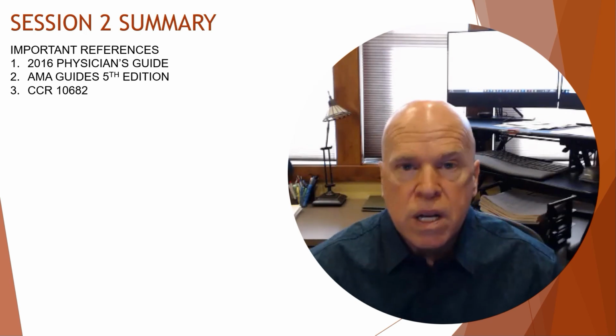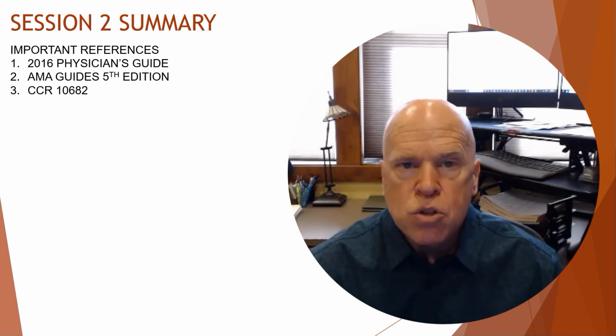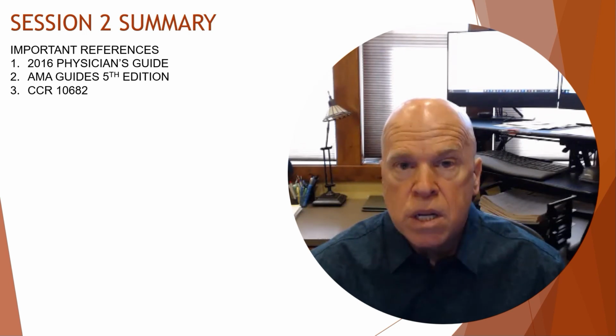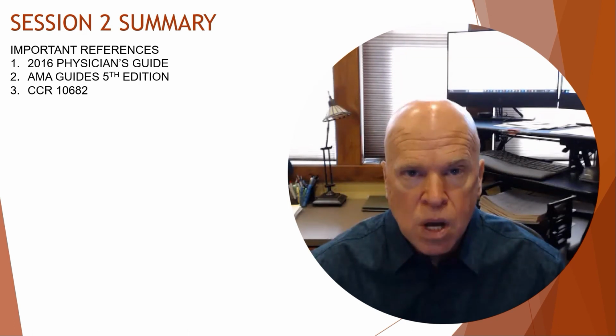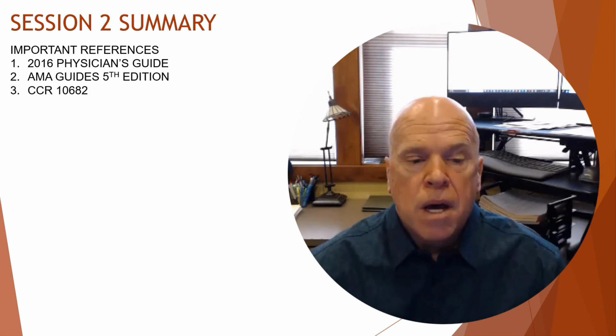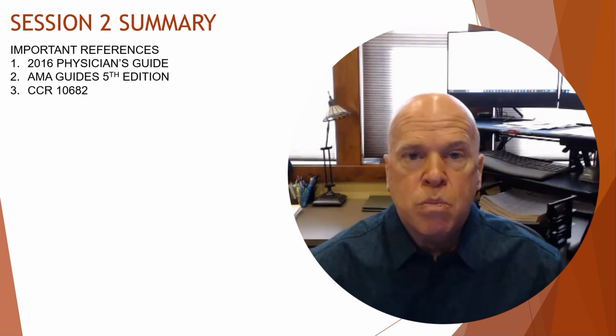So we can extract some valuable content from the AMA guides. CCR 10682 is quoted in the 2016 Physician's Guide, and you can look this regulation up yourself. You can simply Google CCR 10682.